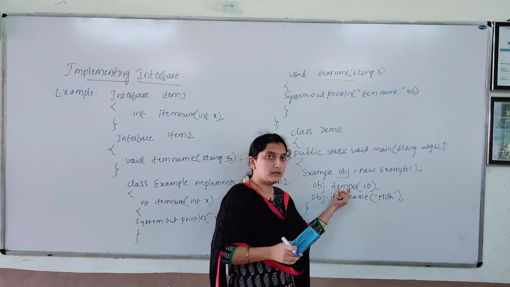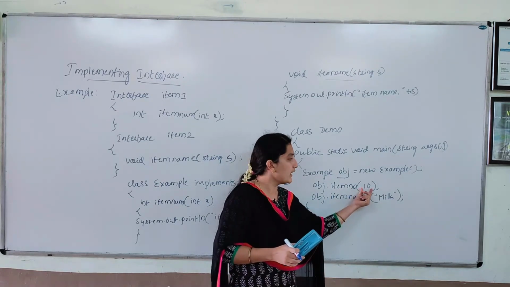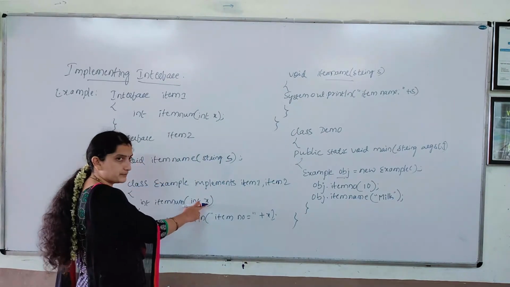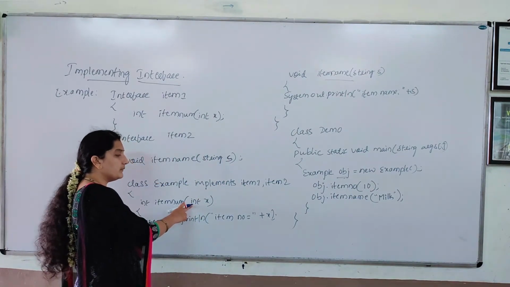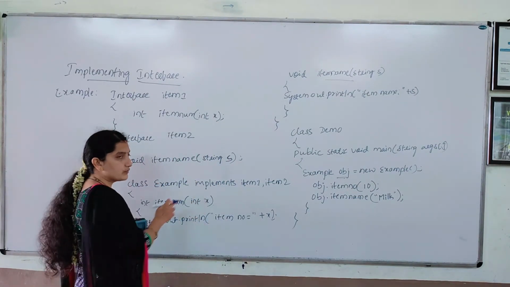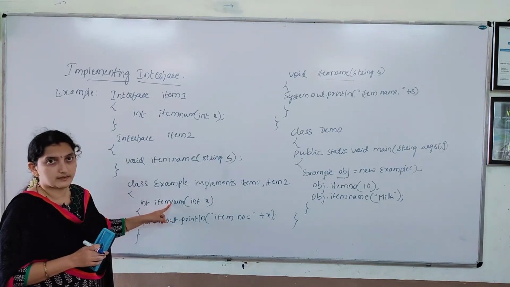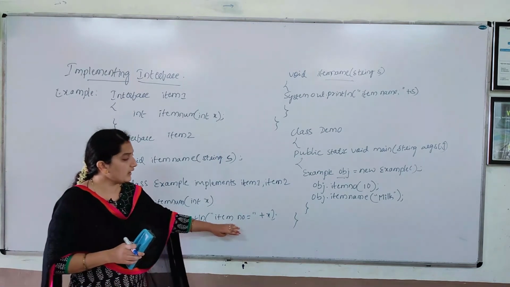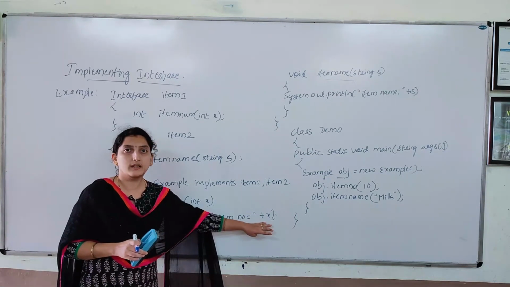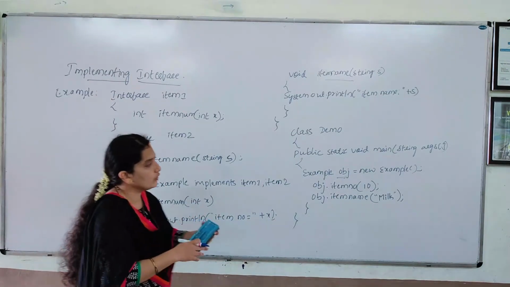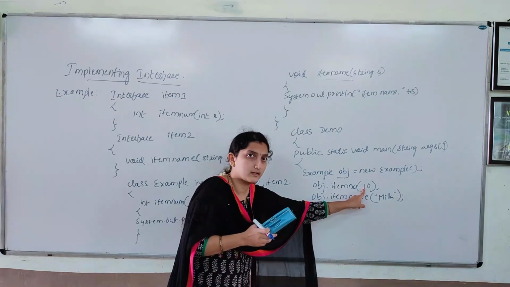When I call the method item number, I am passing the value 10. This is the value for x, because x is of type integer. So the value of x is 10 now. When the item number method is executed, it prints item number is equal to 10, because plus x concatenates the value 10, that is what I have passed here, right?